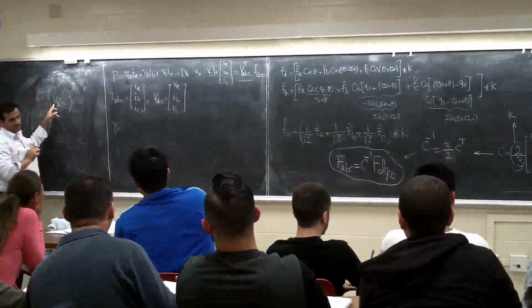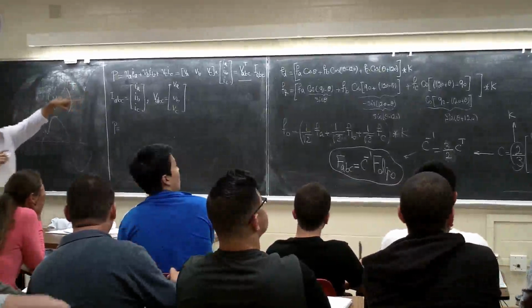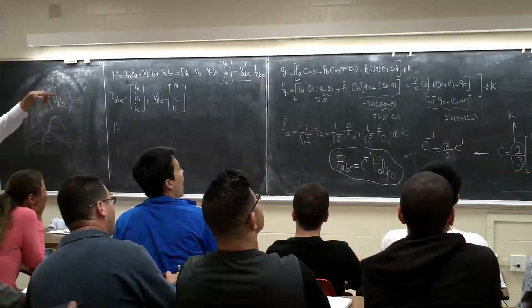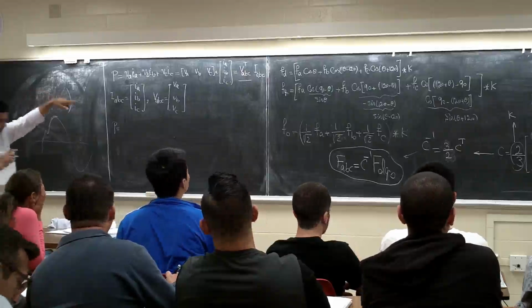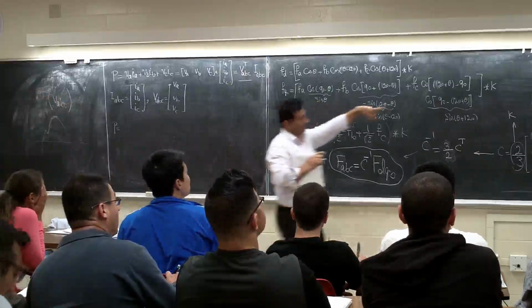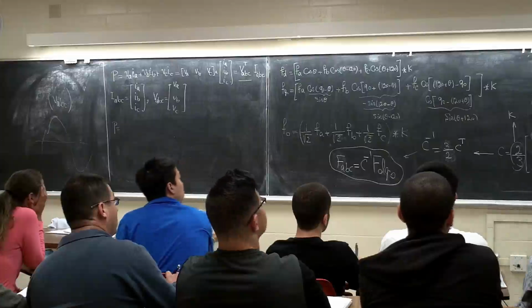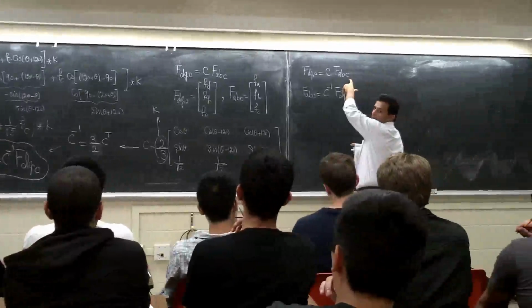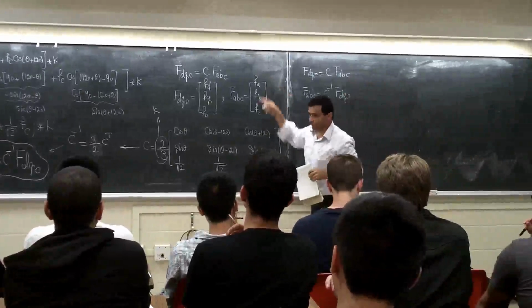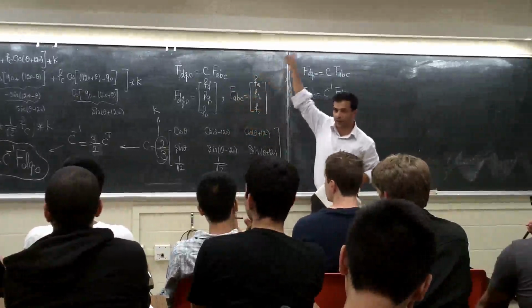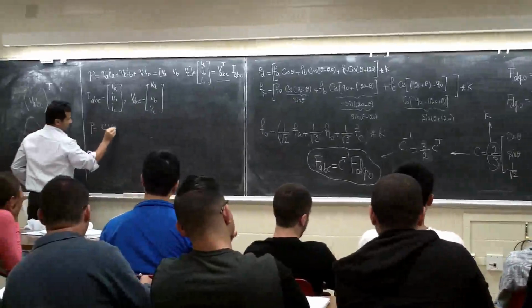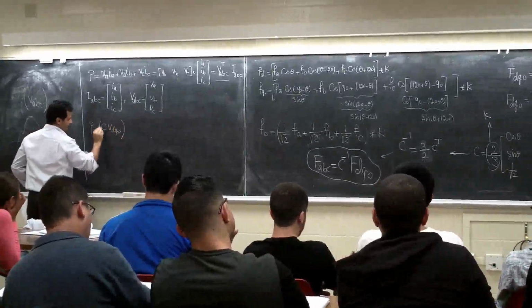Now I can say VA. How much is the VABC? Look at that equation. It's going to be C VDQO, right? Correct or not? Can you see it here? How much is the VDQO? C VABC, right? But be careful, the matrices should be like this. That's the reason I put the transpose out. So it's going to be C VDQO transpose.